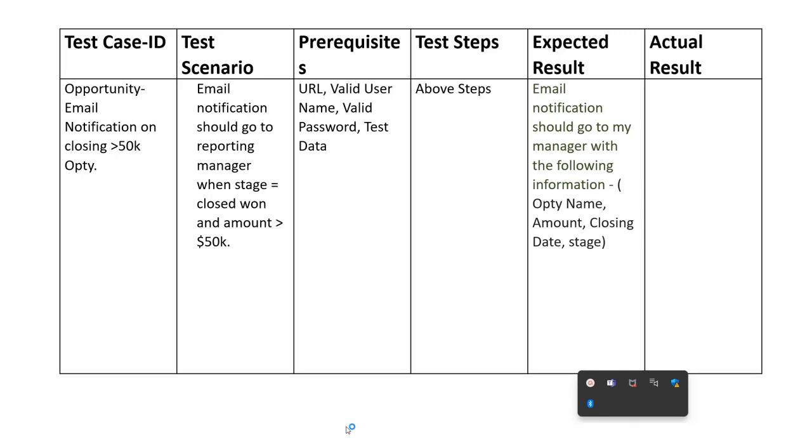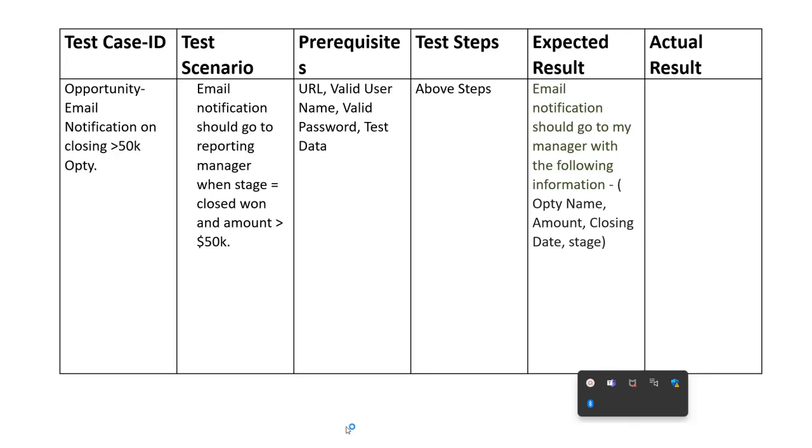So similarly, you will be writing test case template for negative scenario, and you will be including the test steps and expected result. So I'm just giving you an example for the positive scenario, right? So prerequisite, you should have URL, valid username, valid password, and some test data, right? And test steps, so the above test steps you can include here.